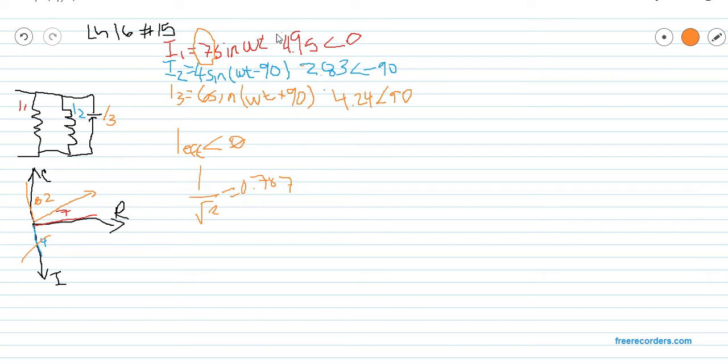So these here are the phasor forms of each one of these amperages. The total would be the sum of all of those. So IT is going to equal 4.95 plus 2.83 at angle negative 90 plus 4.24 at angle 90.